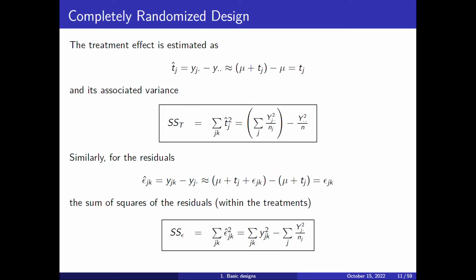And then how do we estimate the treatment effects of each one of the groups? One simple way, and this is only valid if you have balanced designs, in which you have the same number of people in both groups, in the placebo and the drug, then you can compute the mean of the group minus the overall mean.